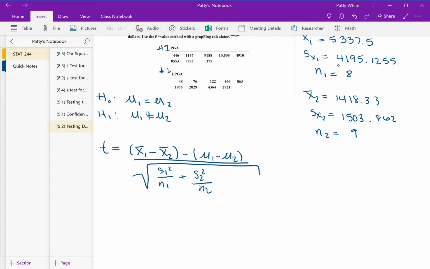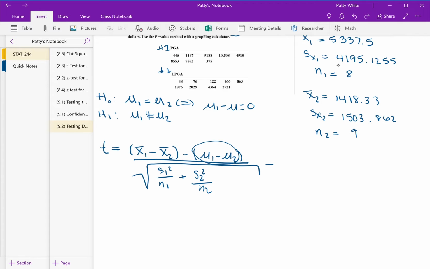Now the difference right here, mu1 minus mu2, we want that difference to be in our null hypothesis, it would be 0, right? Because I could rewrite this hypothesis. This is the same thing. This is equivalent to mu1 minus mu2 equal to 0. So this guy here, for most of the stuff we're going to do, is equal to 0.